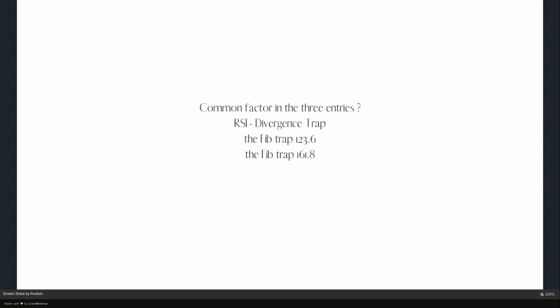I might have said the wrong fib as I was talking, but these are the right numbers. All of them are going to be M and W patterns. Yeah, the whole lot. If you look back at any of the trainings, we never take trades if we can't see an M pattern.